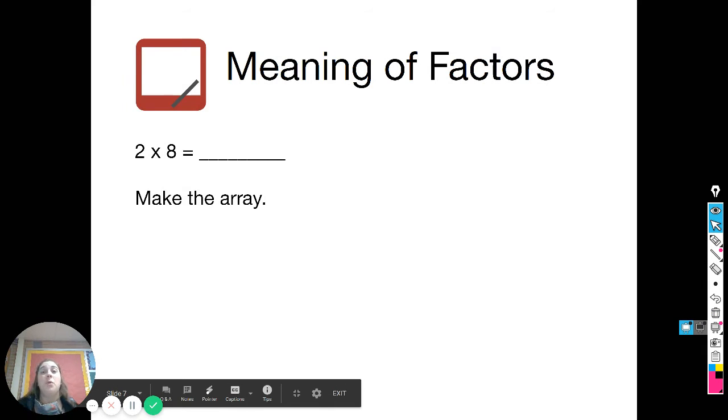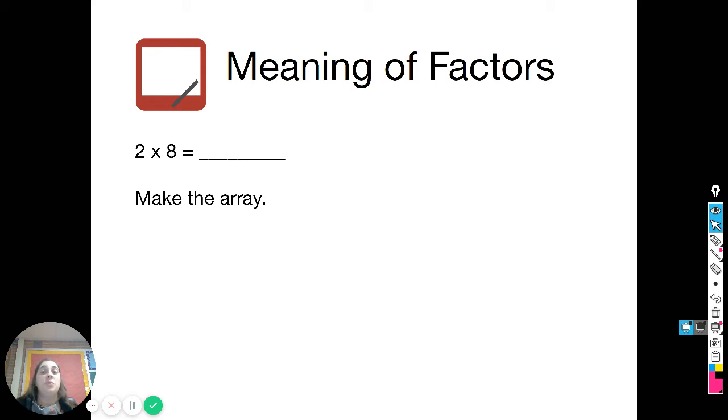Okay, now is where I'm going to want you to do the work for me. And this time I'm going to have you show me your whiteboards, okay? So this array that I want you to make is 2 groups of 8. Remember, our x is groups of. So on your whiteboard, I want you to make 2 groups of 8.